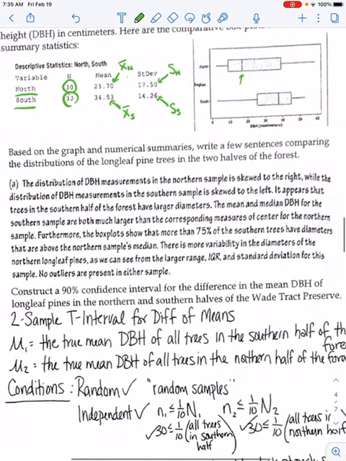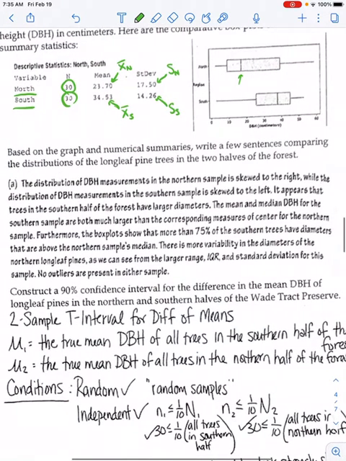All right, so I'm going to pull this down so you can see our statistics. The distribution of DBH measurements in the northern sample is skewed to the right, while the distribution in the southern sample is skewed to the left. Okay, so I just compared the shape. Okay, now let's talk about center.